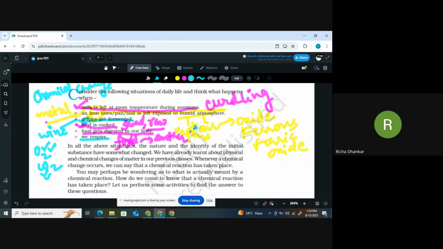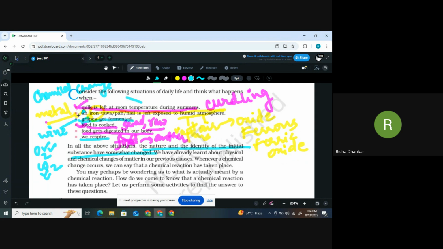Now, if we move further, you can see that in all the above situations, the nature and identity of the initial substance has somewhat changed. Now, all these examples which we have discussed, now you will understand why I discussed with you in so much detail chemical and physical changes. The milk is getting converted into curd, and the curd will never be converted back to milk. That means it is a chemical change.